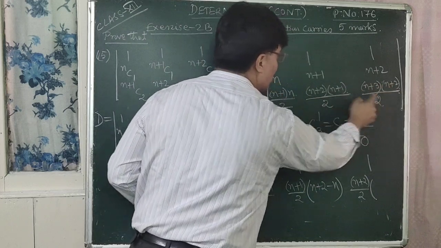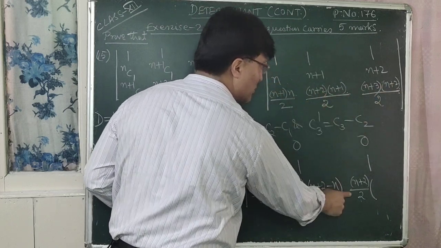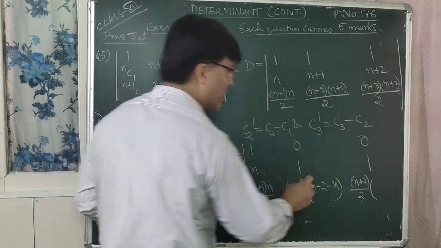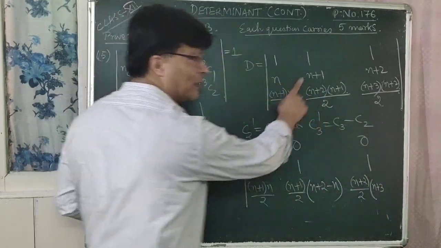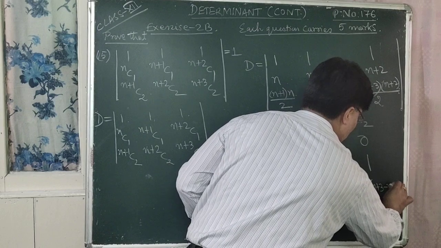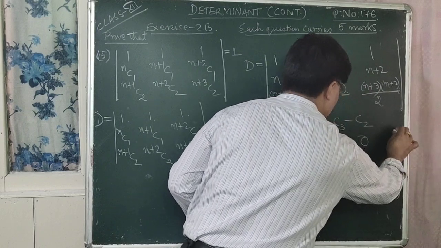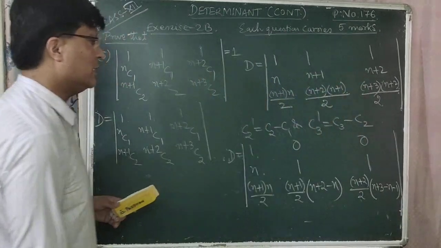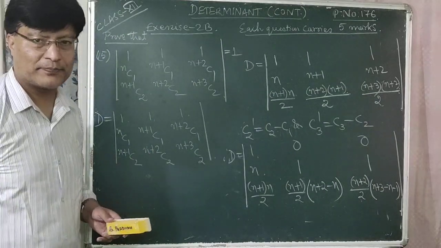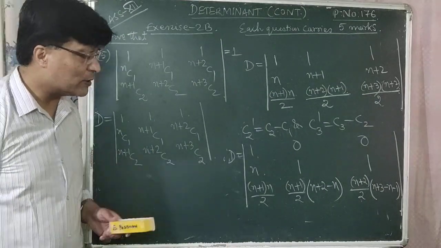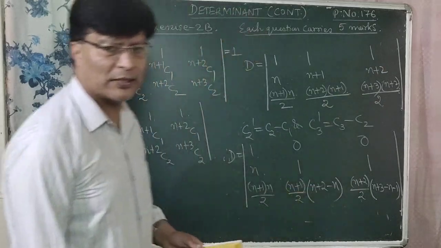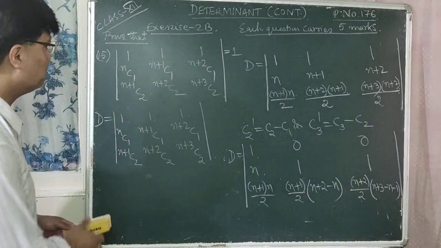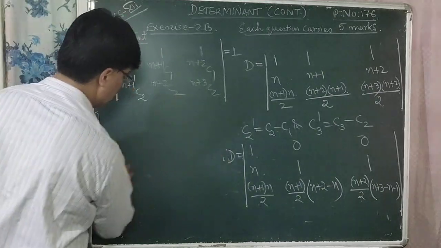So n plus 2 by 2 is taken common here. So within bracket what do we write? n plus 3, then minus n minus 1. So this is the third column. So I think you have understood it. Is there any problem? So we got this result. Okay. So now next.